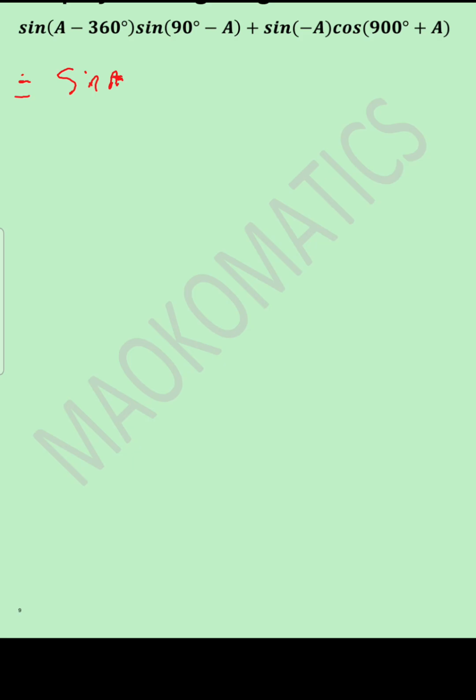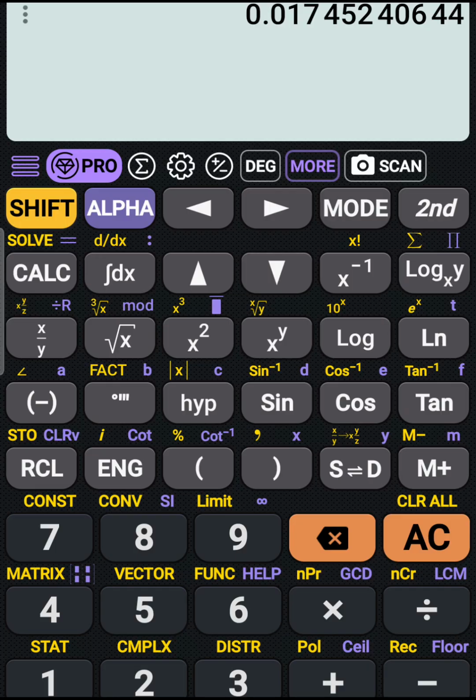Now you determine whether it's positive or negative by replacing the variable angle with 1 degree. This is what I'm doing here. So the answer comes out positive. So the trig ratio is positive.